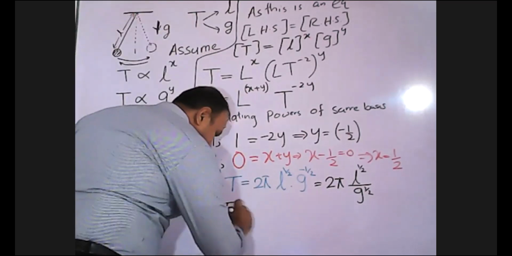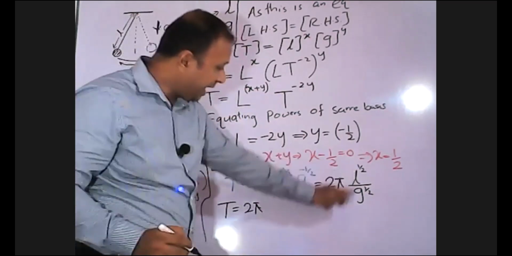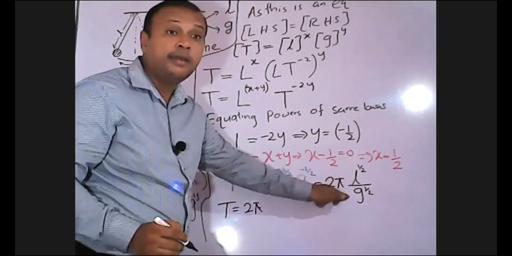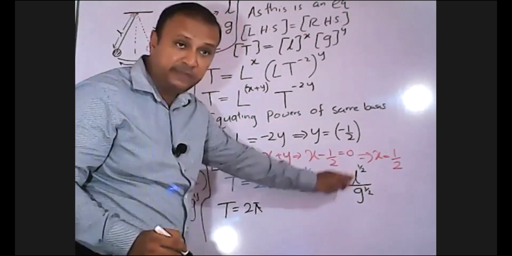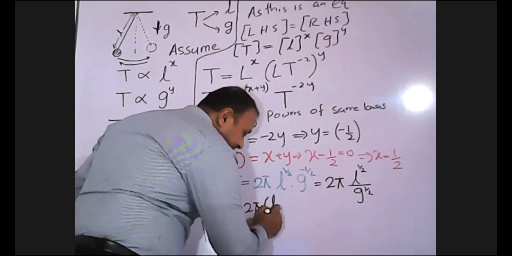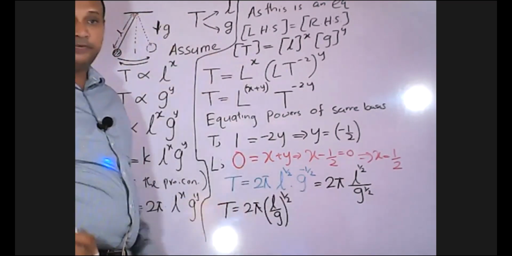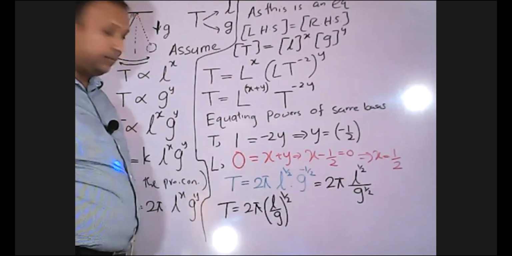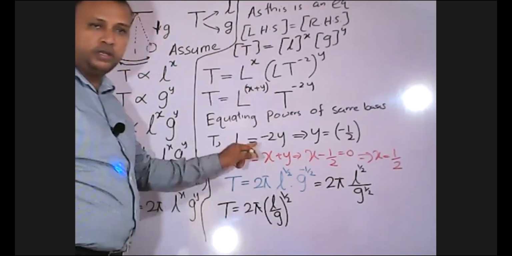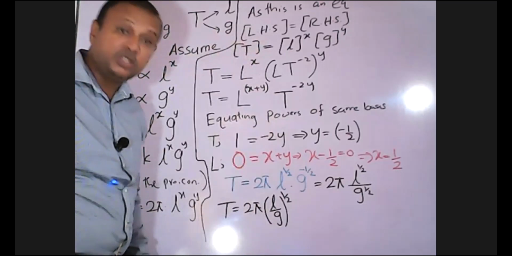So T is equal to 2 pi. This is a division, and both have the same power, so I can write this as L over G, the entire power half.